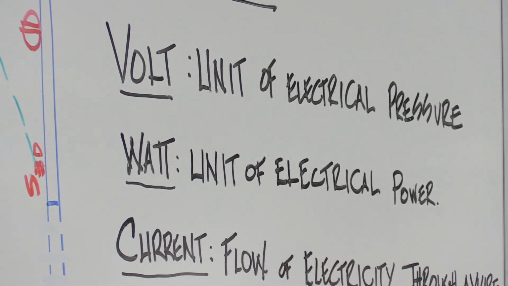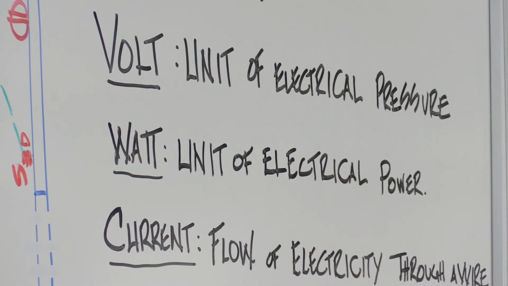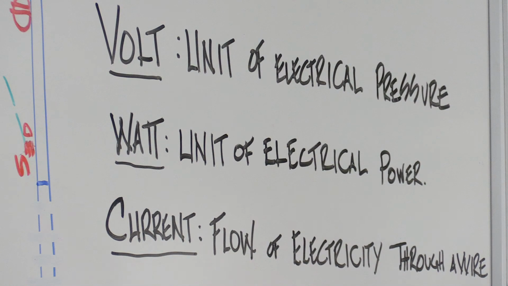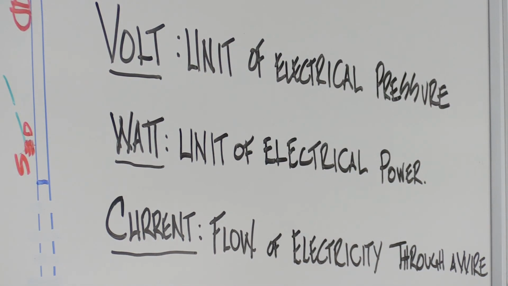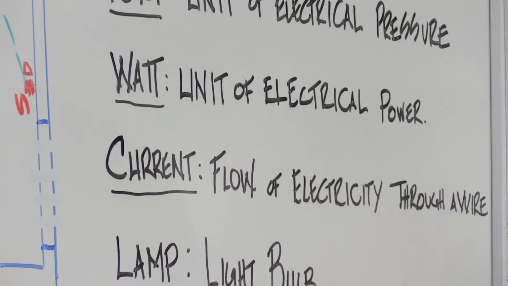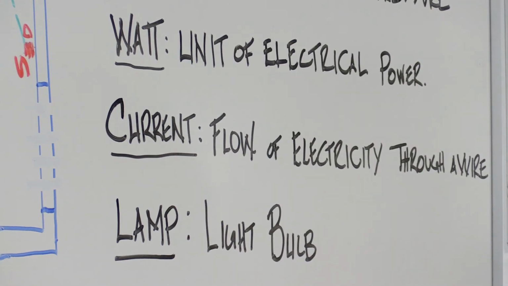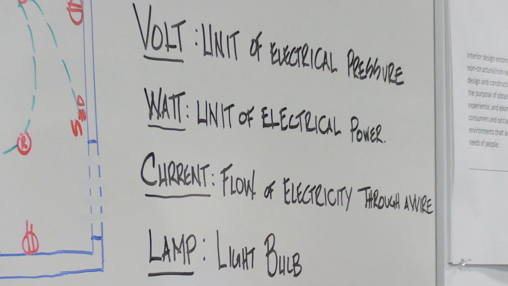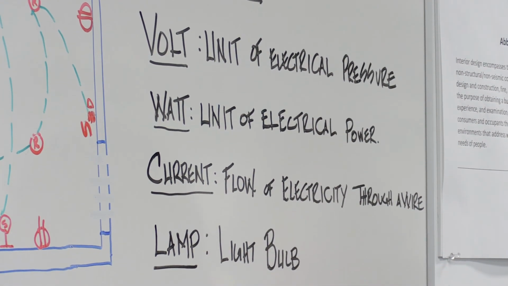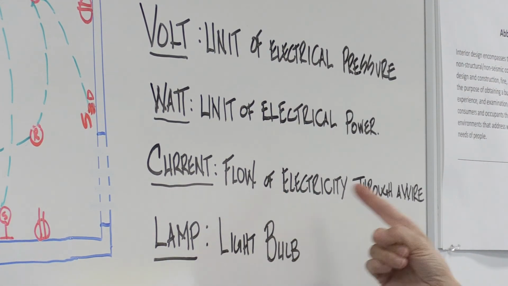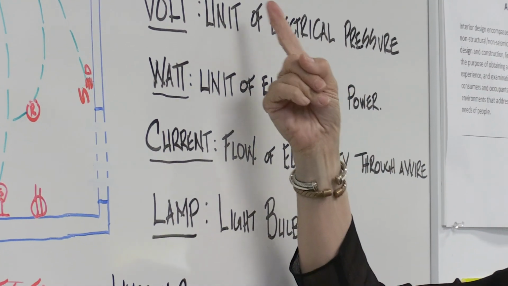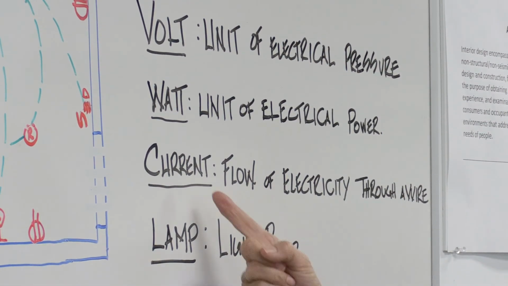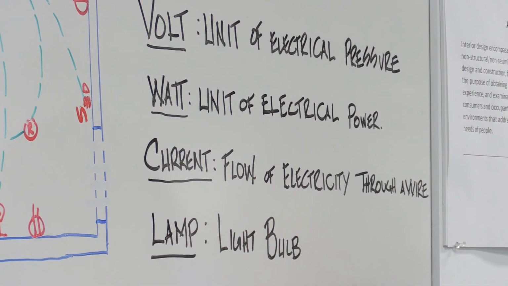Watt is a unit of electrical power. That's the amount of energy that is needed to power a light fixture. Current is the flow of electricity through a wire. From the distribution panel, we're going to have some circuits that we're going to run, and the flow of electricity through the wires from the distribution panel through our circuit is a current.